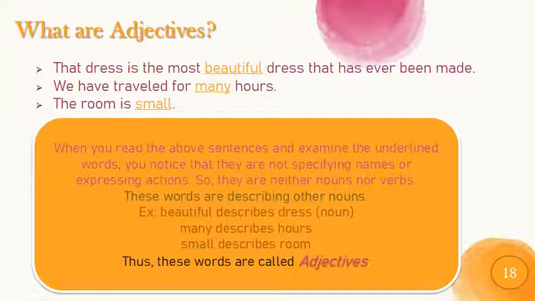If they are not nouns or verbs, what are they? These words are describing other nouns. Beautiful is about the dress. We're saying beautiful dress. We're saying many hours, so I'm describing the number of the hours. The room is small. Small is talking about the room also. So here we're describing the room.